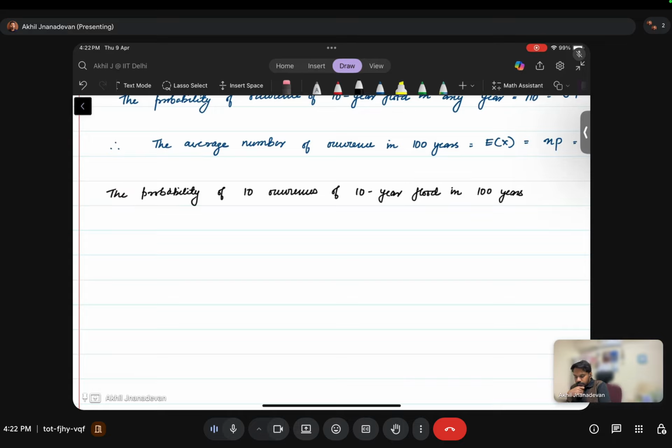So this is what is asked, right? That number we already calculated as 10. The probability of 10 occurrences of a 10-year flood in 100 years.